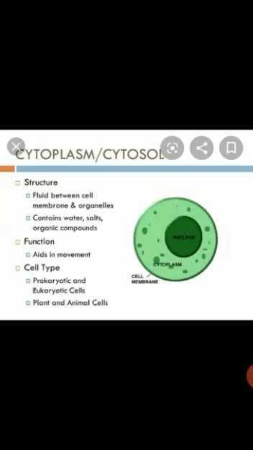Then under cell inclusions, the cytoplasm contains various inorganic molecules such as water, sodium and potassium salts, and also organic materials like carbohydrates, proteins, and nucleic acids. So a number of cell organelles float in the cytosol part of the cytoplasm.